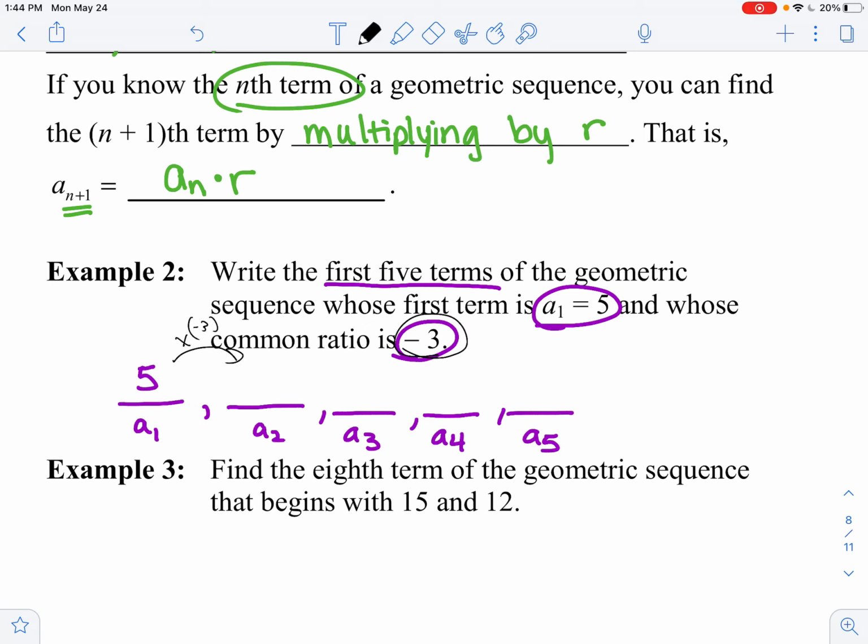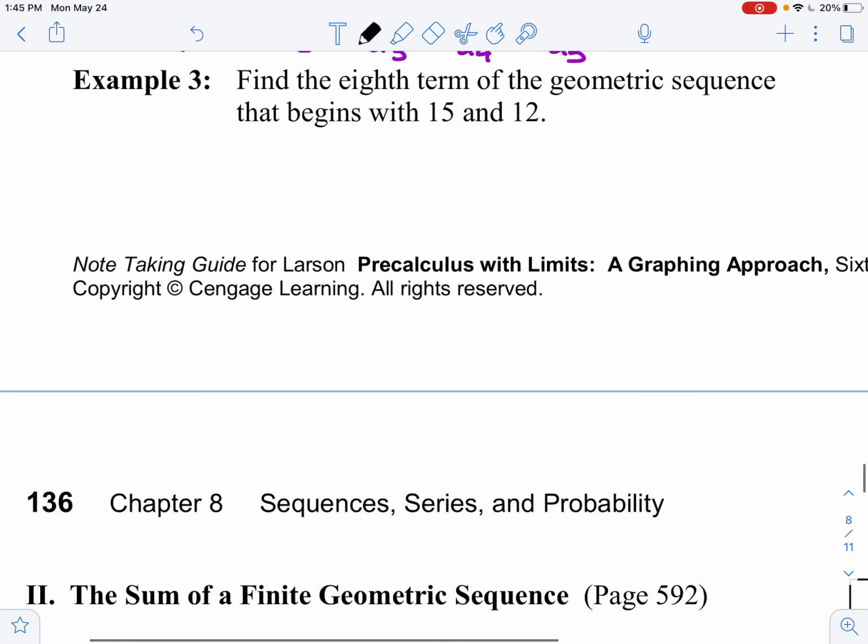So 5 times negative 3 is negative 15. Multiply it again by negative 3, I get positive 45. Multiply it again by negative 3, I get negative 135. Multiply it again by negative 3, we get 405. Every time you want the next term, we just multiply by the common ratio.